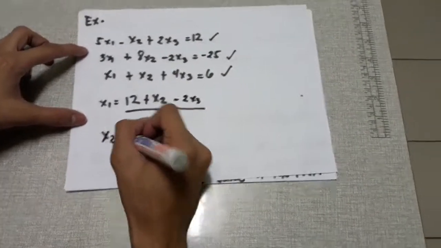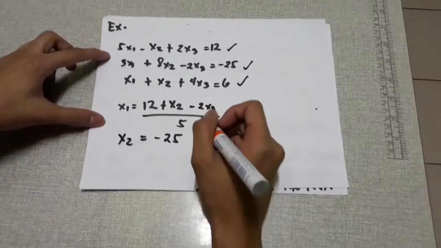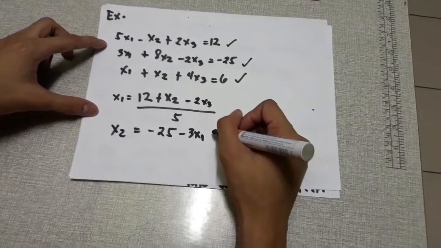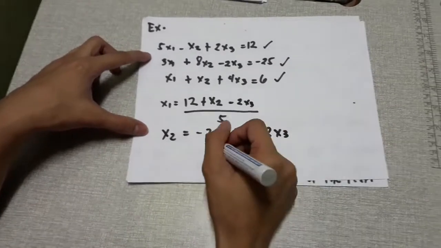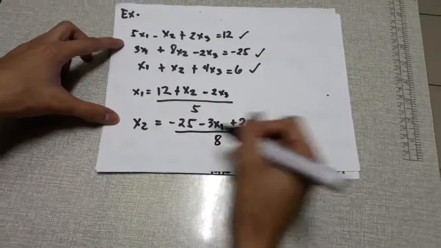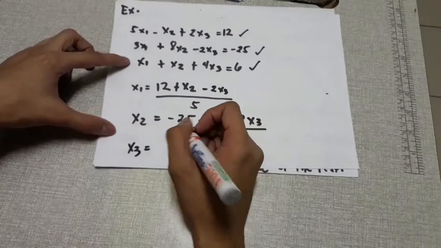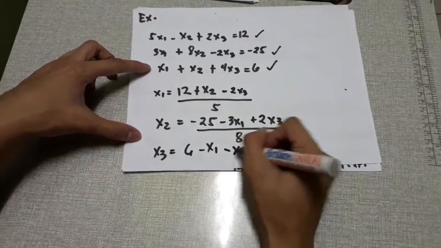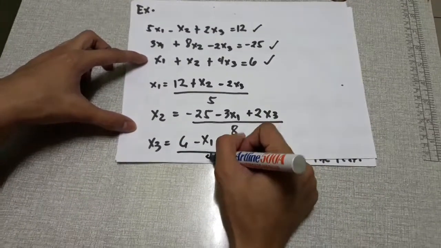Then for x sub 2, negative 25 minus 3x sub 1 plus 2x sub 3, over 8. Then for x sub 3, it is 6 minus x sub 1 minus x sub 2, over 4.